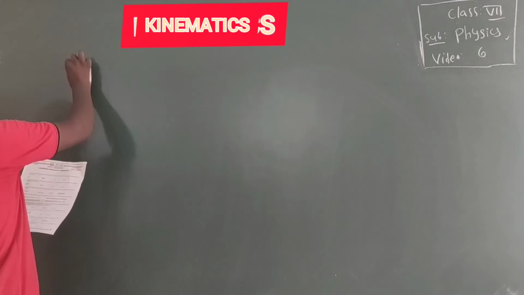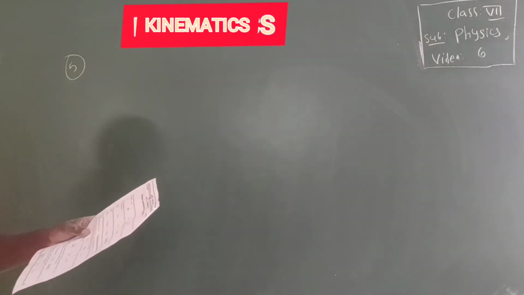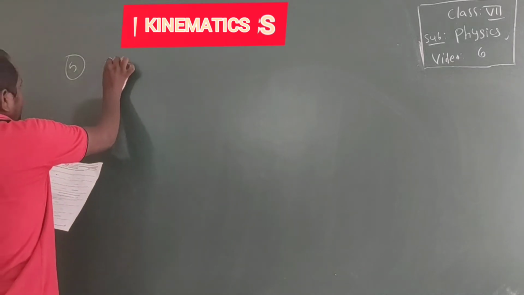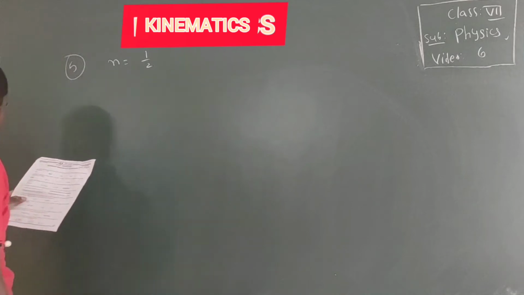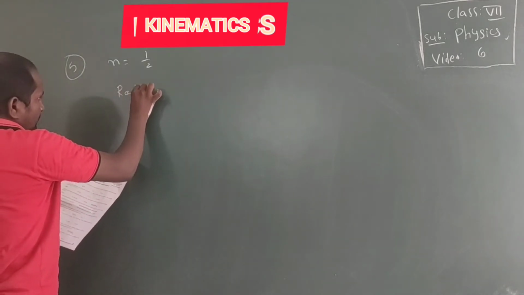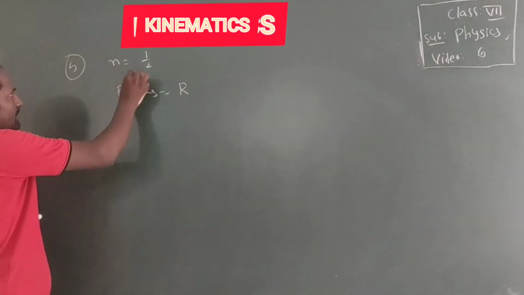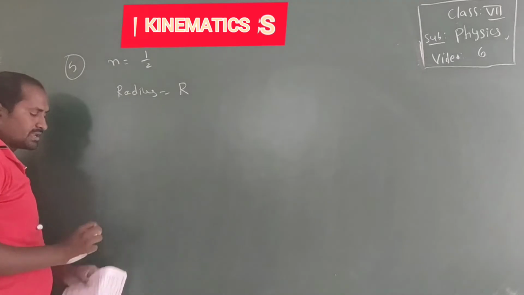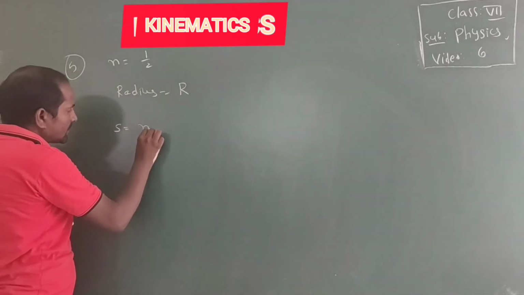Then find the distance and the displacement. Here, completes half of the round means n equals 1/2 rounds, and the radius r is given. If n equals 1/2, then distance equals n into 2 pi r.